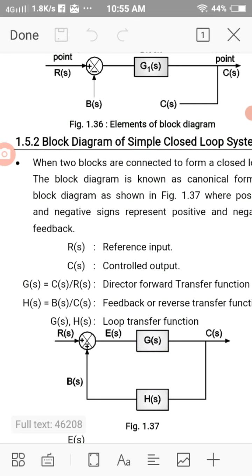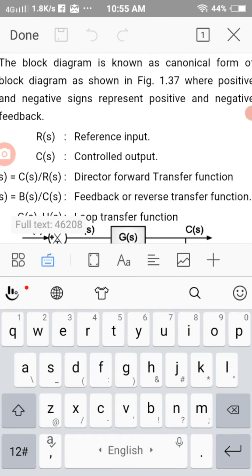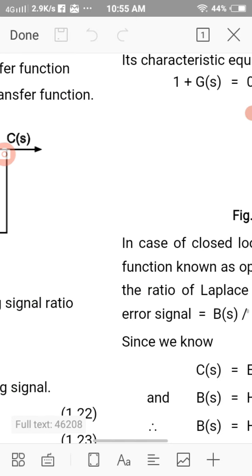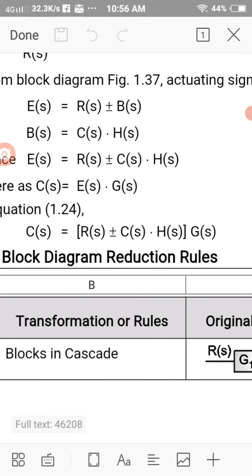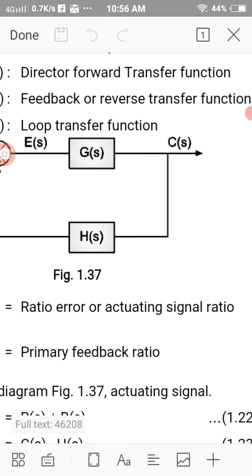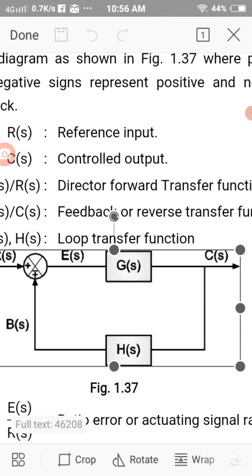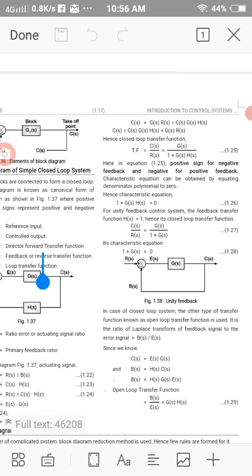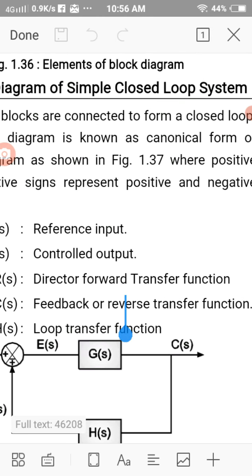In a previous simplest closed loop system, if I have a closed loop like this, then its output C of S upon R of S is given by G of S upon 1 plus G of S into H of S. This is the transfer function C of S upon R of S of this block diagram.